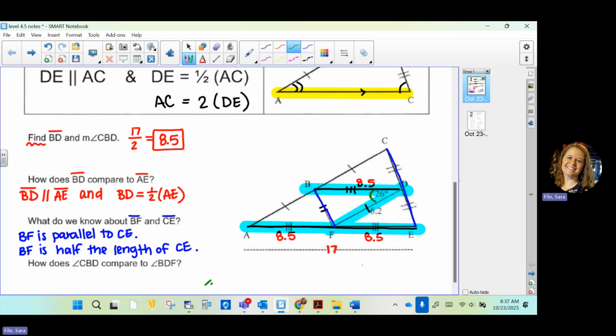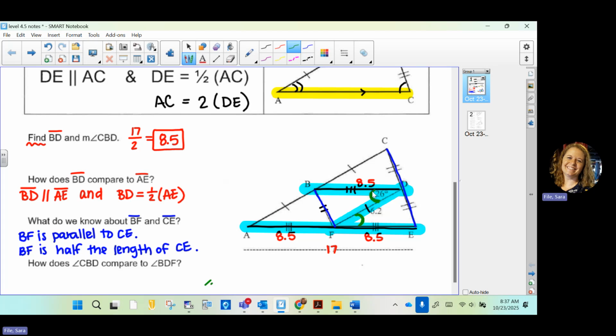So this angle that's marked as 26 is going to be the same as this angle here. Y'all remember that relationship? It's like when you see that Z shape, the corners of the Z are going to be the same because these are parallel lines. Yes, we feel okay about that?